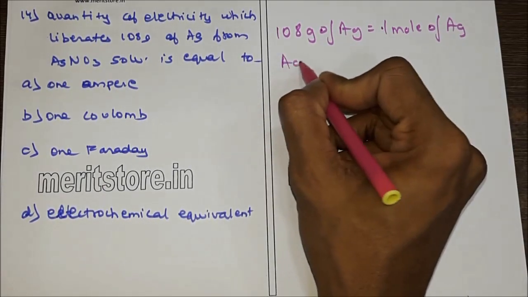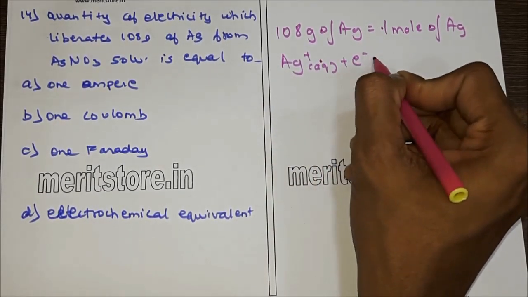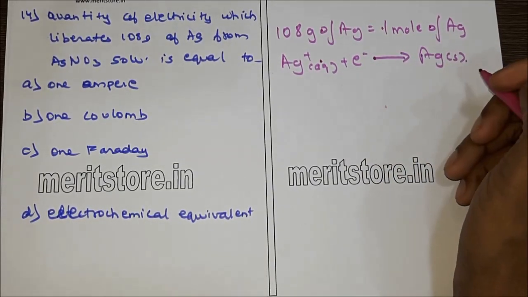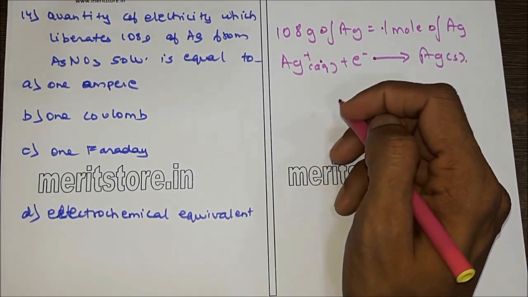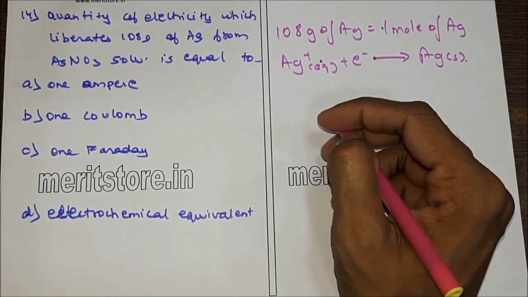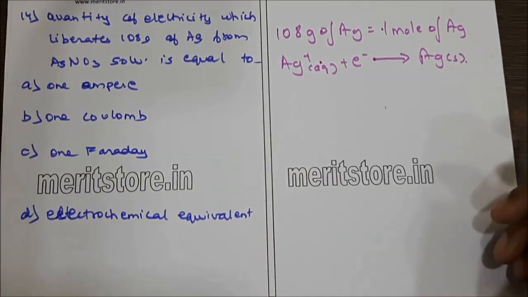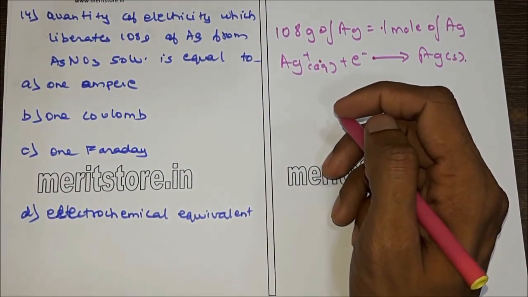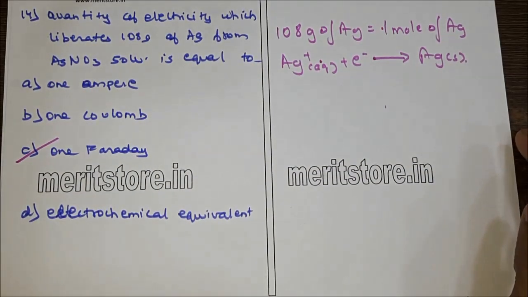Therefore, we see Ag+ aqueous plus e⁻, that is electron, gives us Ag solid. So the charge on 1 mole of electrons, that is 1 faraday of electricity, is required to liberate 1 mole of silver. Therefore, 1 faraday, that is option C, is the correct answer.